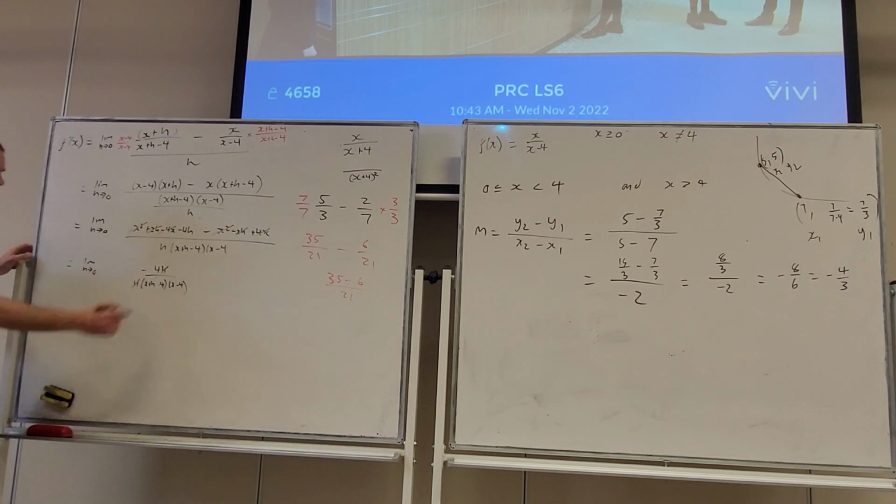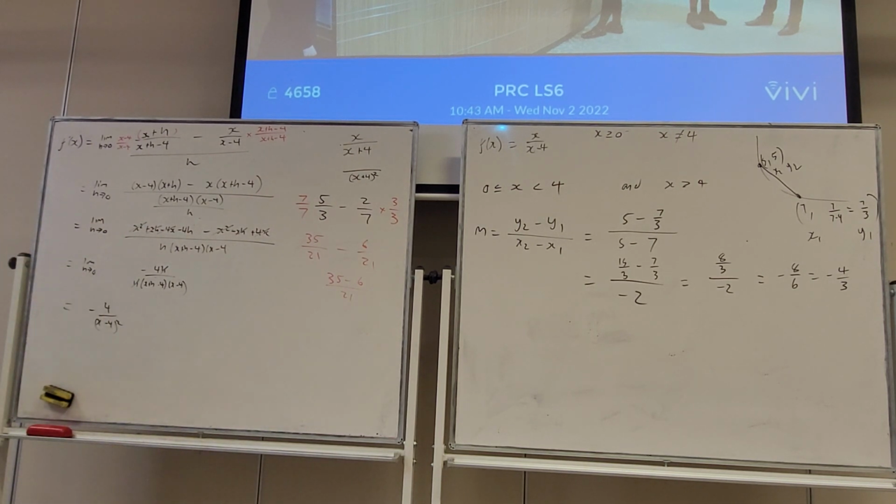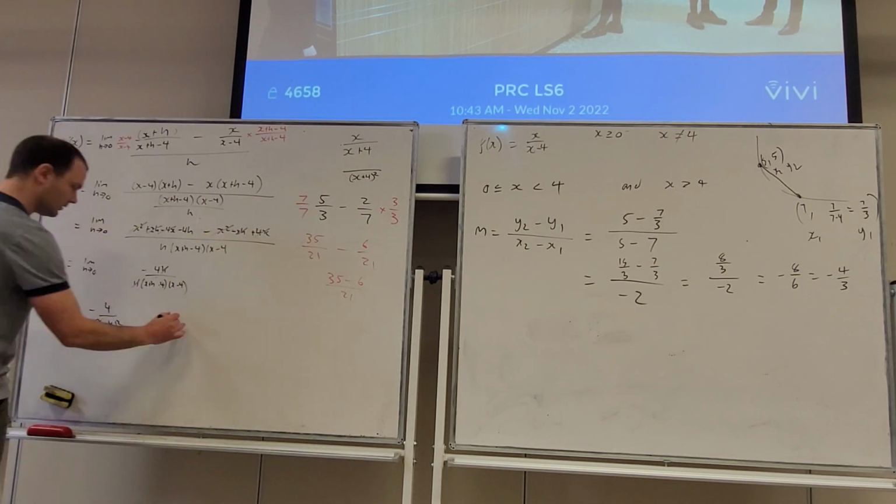H will cancel. Now we'll apply the limit as well. When we apply the limit, we don't need to write that step. Minus 4 on top of x take 4 squared. That's the derivative function. That's f dash of x, but remember we're not finished. We get our fifth mark by substituting in 6.